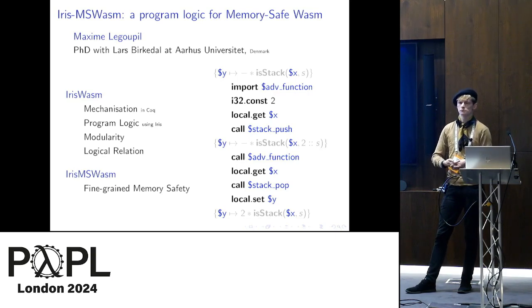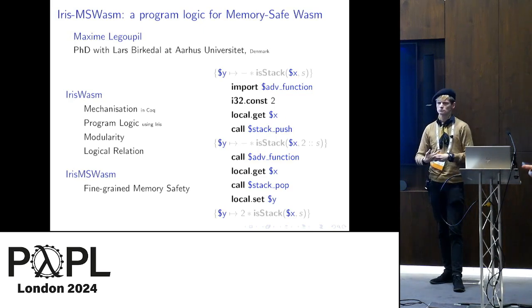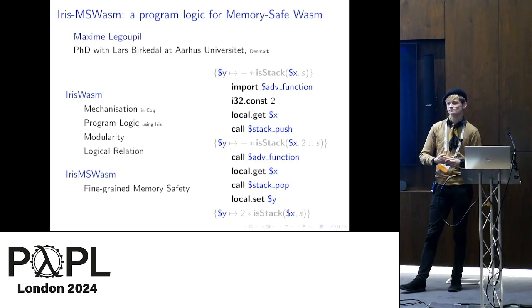So I guess just a more general comment, whether it will be in Iris WASM or Iris MS WASM, I imagine it's the same. It's difficult to find examples. In particular, there's tiny things, and then because it's a compilation target, there's huge things. But actually, for these sorts of program logics, what is the right sort of WASM code to be exploring?